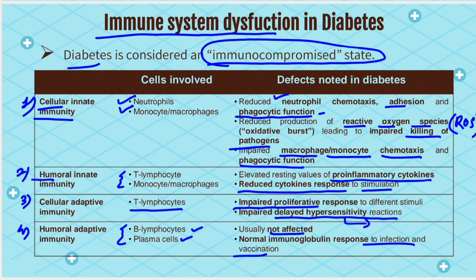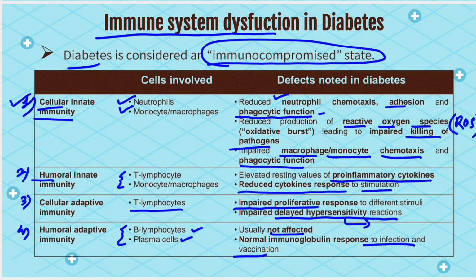So finally, we can summarize that in any patient with diabetes, these three main mechanisms against infection are compromised: cellular innate immunity, humoral innate immunity, and cellular adaptive immunity. However, only humoral adaptive immunity is intact.